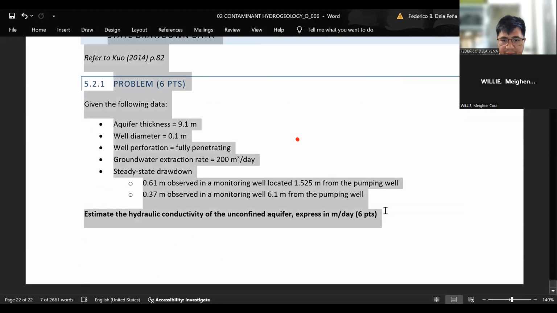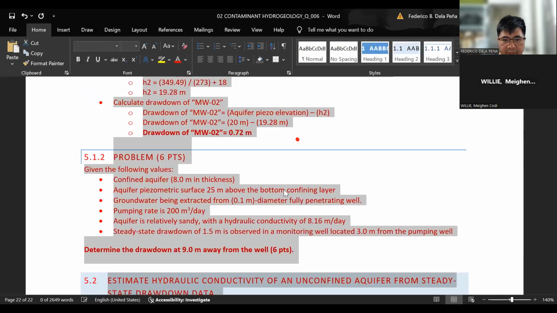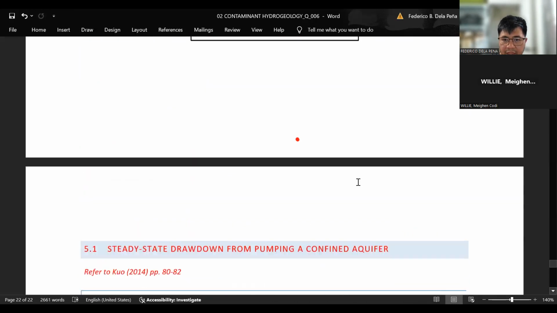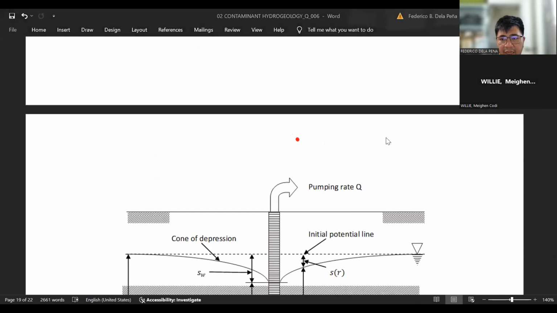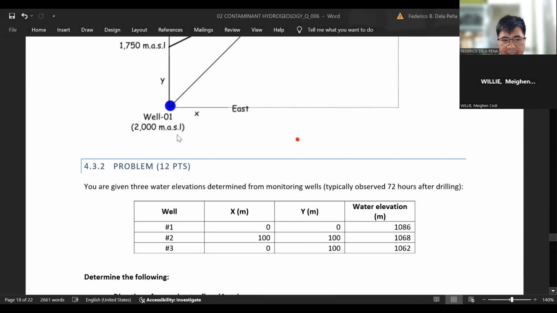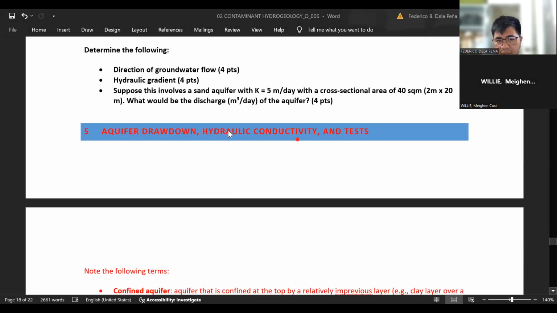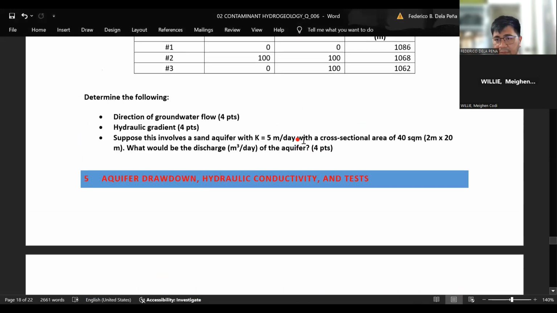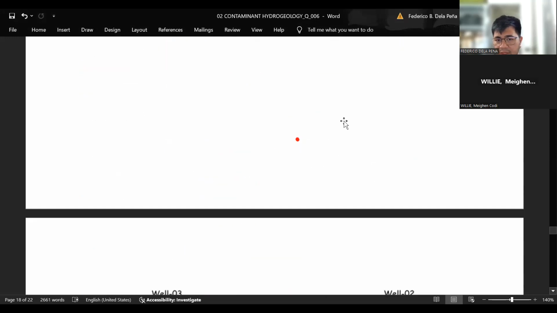Just going to draw this one. Is that clear? You only need to solve the problems in this exercise up to chapter 4. I won't be requiring you to solve up to this part anymore. So you can just focus on these problems.